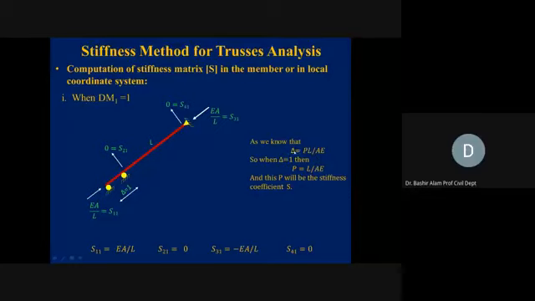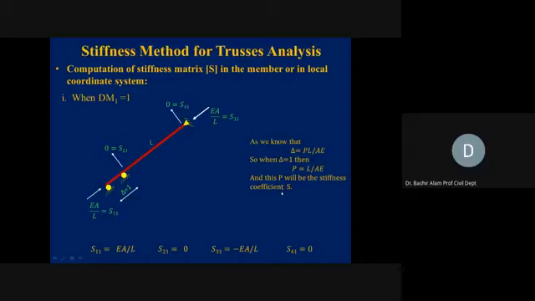So when we put this 1 and reorganize, the force required will become equal to AE divided by L. And this P will be the stiffness coefficient. Why is this the stiffness coefficient? Because this is the force required to produce this unit displacement.